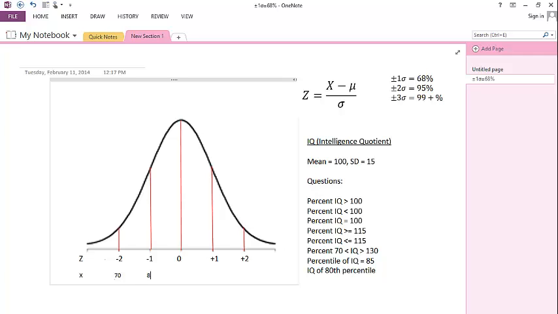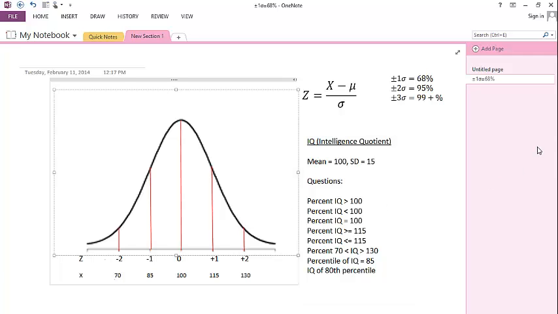Minus 1, it would be an IQ of 85. 100 is the mean. Whenever you have a problem, I suggest you set up a curve and on the horizontal axis put down the z and x values, just like I did. Okay, now we can answer a number of questions.